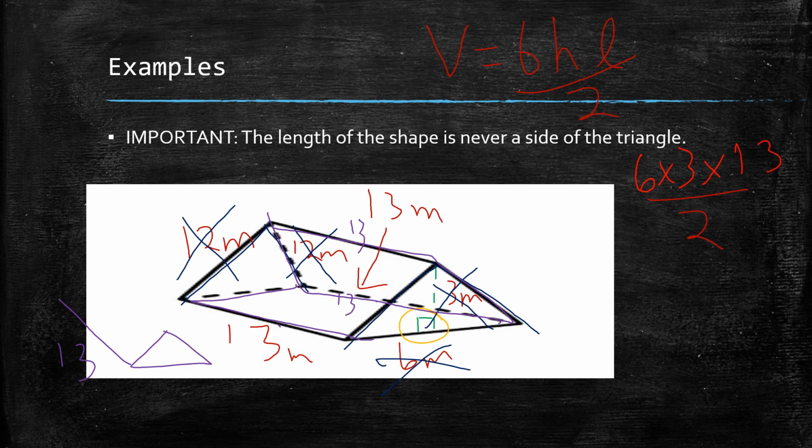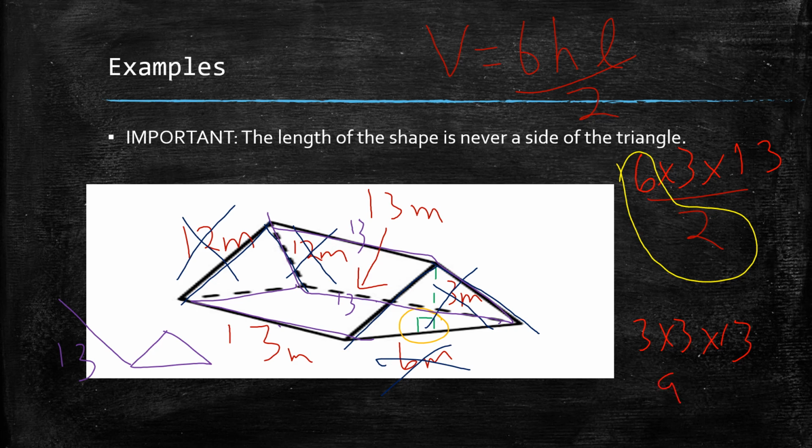So this problem is 6 times 3 times 13 divided by 2. On this one, I would simplify first. If you don't want to, you don't have to, but this will make it easier. 6 divided by 2 is 3. 3 times 13 gets you your final answer. 3 times 3 is 9.